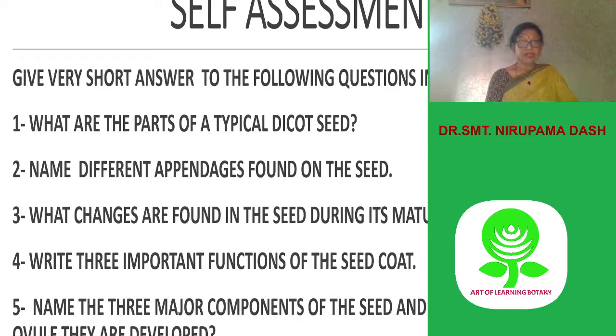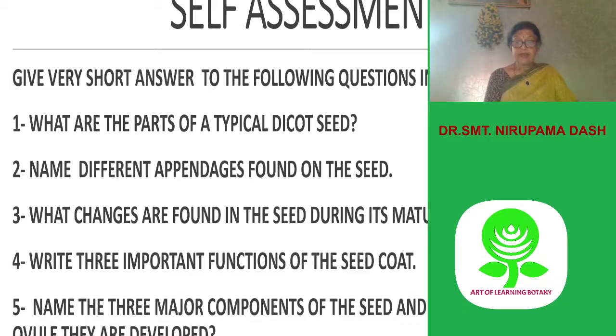In some seeds, raphe, caruncle, hairs, and arils are also seen. Second question, name different appendages found in the seed. Here the different appendages are caruncle, aril, and hairs, found in certain seeds.